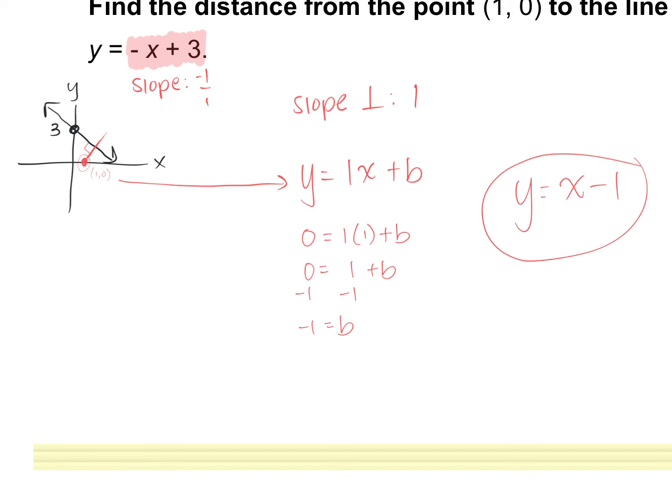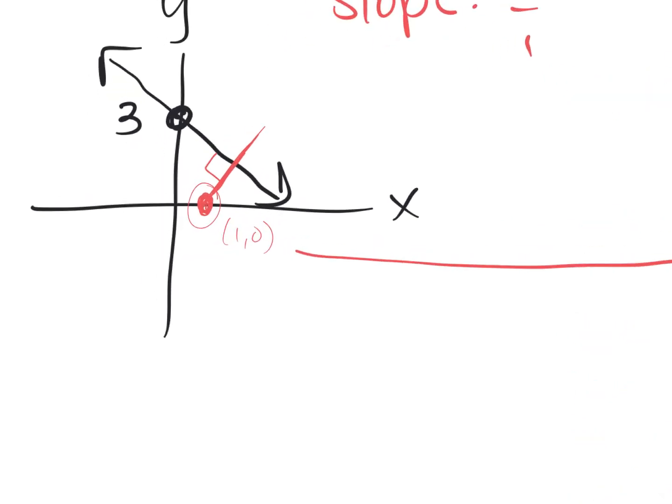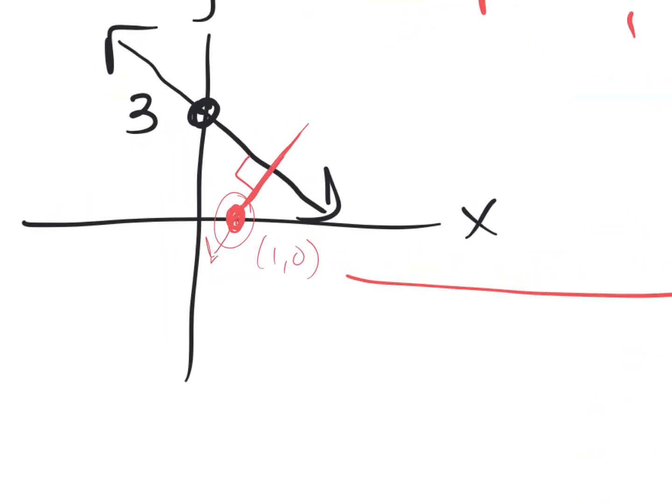Okay, how we doing? Have I lost anyone? Are you guys with me so far? So all I found is the equation of a line that is perpendicular to that line in the black, right? In your diagram, just make sure that you recognize that this is a line, not a segment.